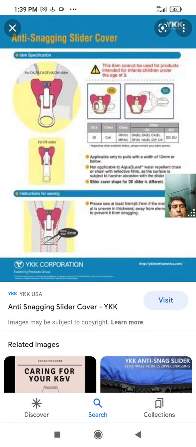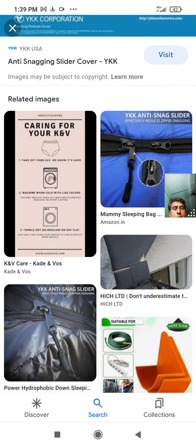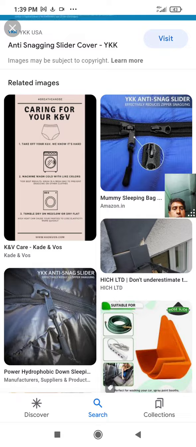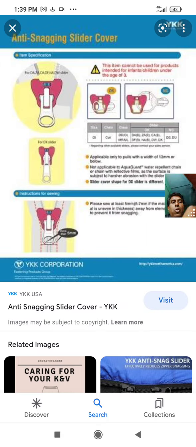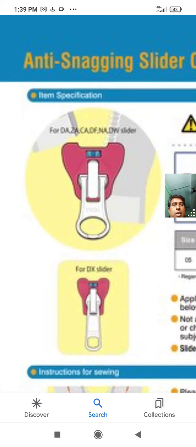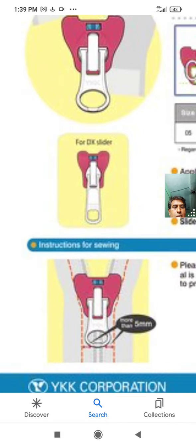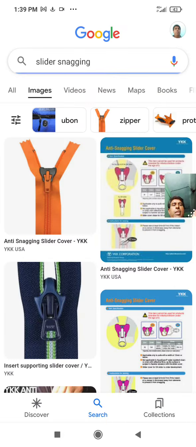Anti-snagging. So this is something coming up. We have to study this also, because anti-snagging. When the print is not good, I don't like it. That is the problem.